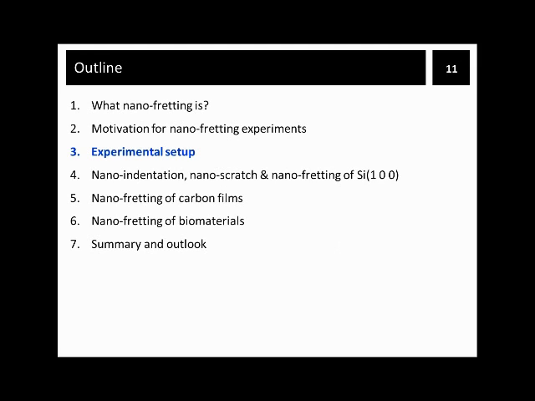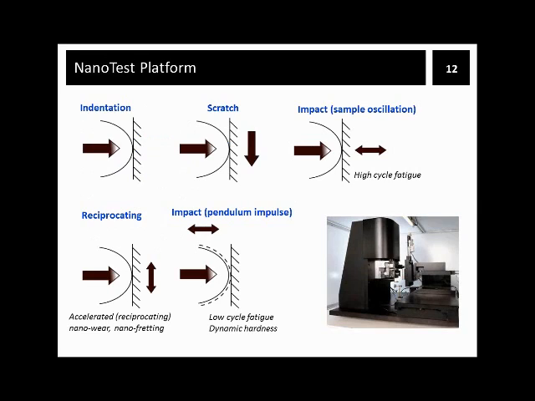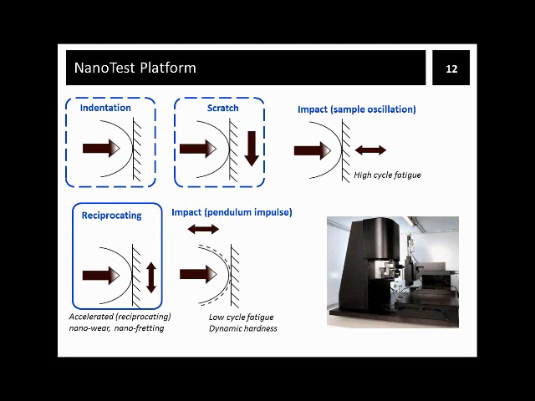Okay, so let me now introduce the experimental setup that we used in the case studies. We used the third generation of the NanoTest Platform located in the School of Mechanical Engineering at the University of Leeds, and most of the results shown today relate to reciprocating nanofretting experiments. However, some nano-indentation and nano-scratch data will also be presented today for comparison.